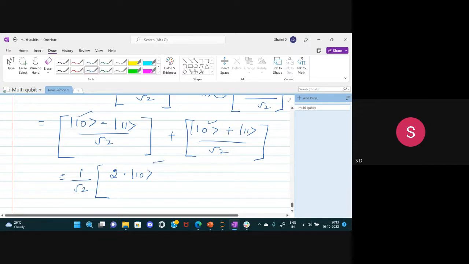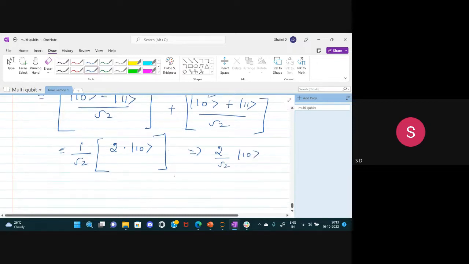So we get 2 divided by root 2 into 1 0. Okay, how can we solve this?